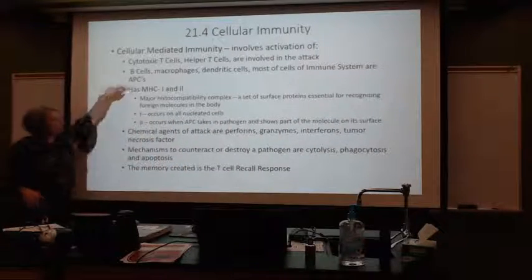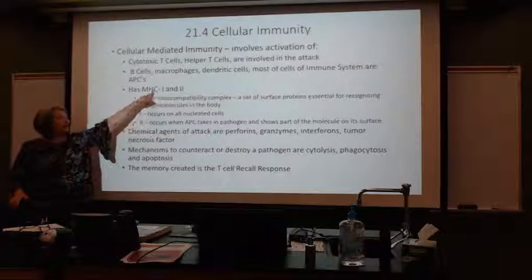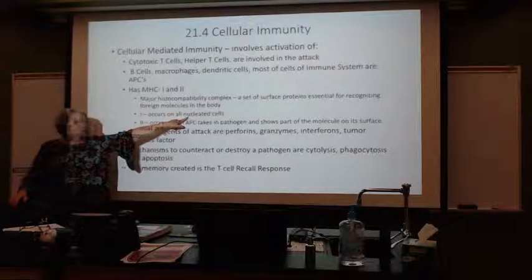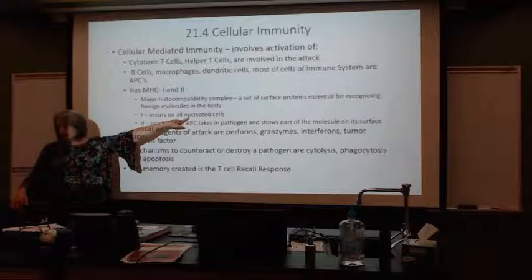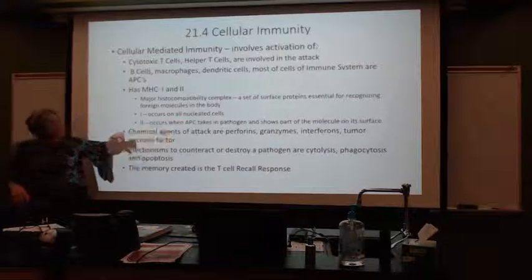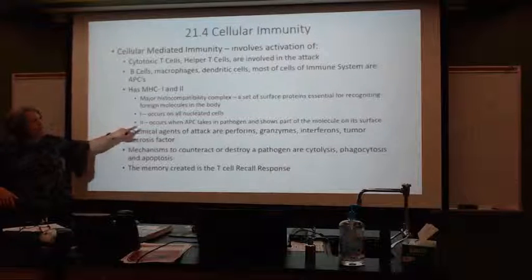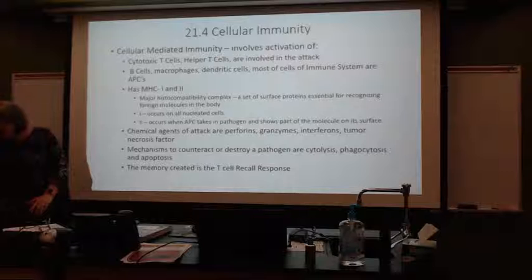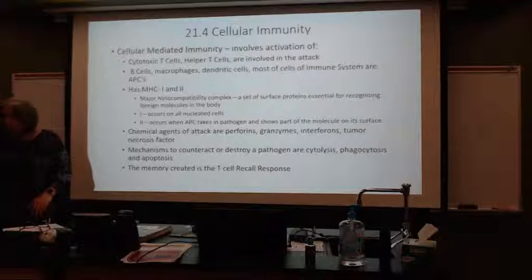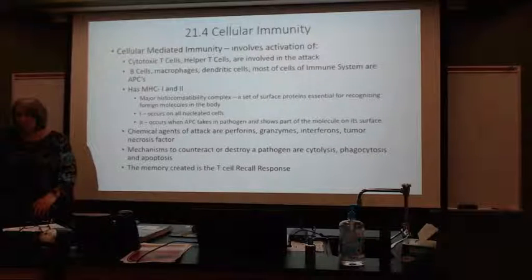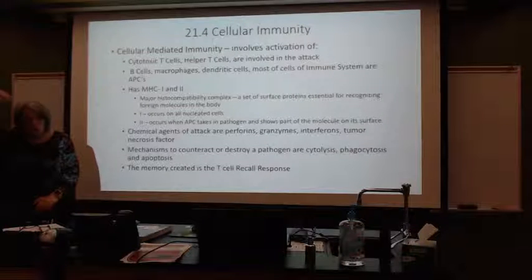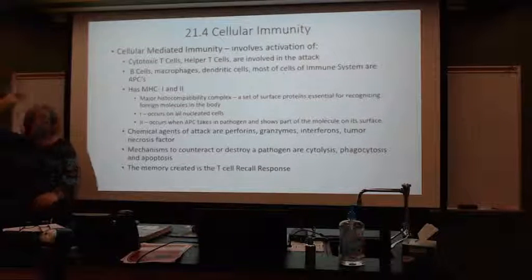The ones that have this complex 1, these are going to be on nucleated cells. Complex 2 is when we have an antigen-presenting cell. One of those macrophages that has digested some of that foreign particle and has pushed it through the membrane.